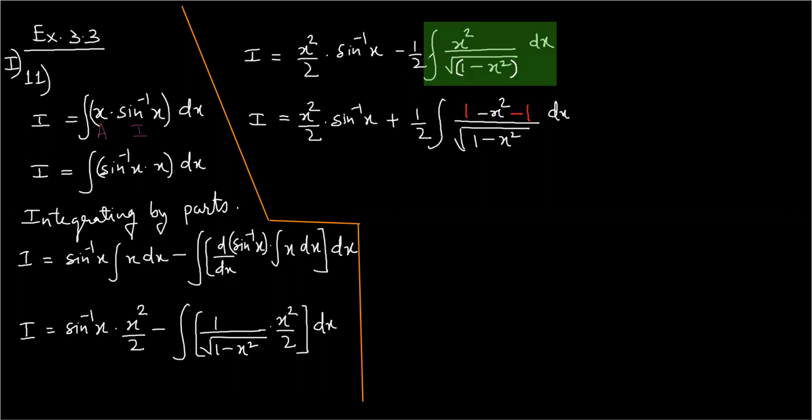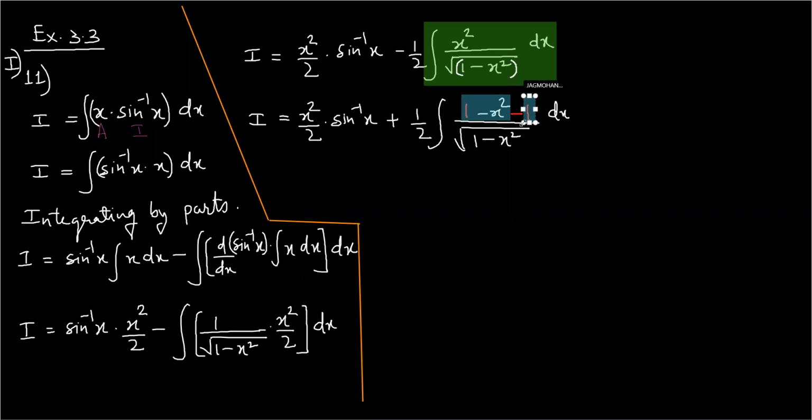Now I will split the denominator this way. See, I will write 1 minus x square upon the denominator and this 1 upon the denominator. So now we are going to split the denominator. How will it be split? It will be split this way: 1 minus x square upon this and 1 upon this.